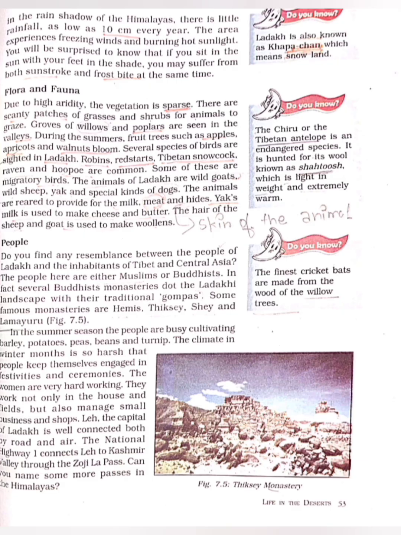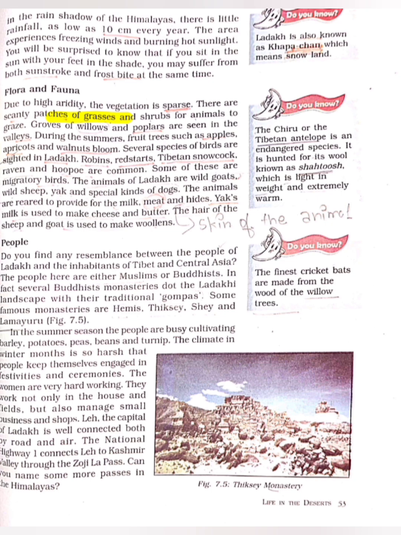Then we know about the flora and the fauna, the animals and the vegetation and plants of Ladakh. Due to the high aridity, the vegetation is sparse. There are scanty patches of grasses and shrubs for animals to graze. Groups of willows and poplars are seen in the valleys.